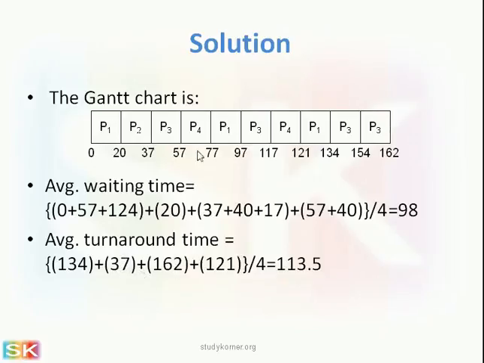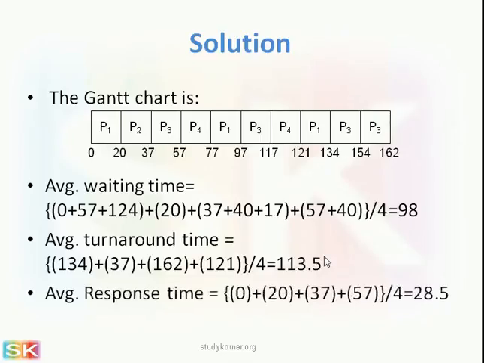Then P3 is terminated at 162 and was submitted at 0, so its turnaround time is 162. Plus for P4 its completion time is 121. So dividing the total by 4 gives 113.5, the average turnaround time of the system.